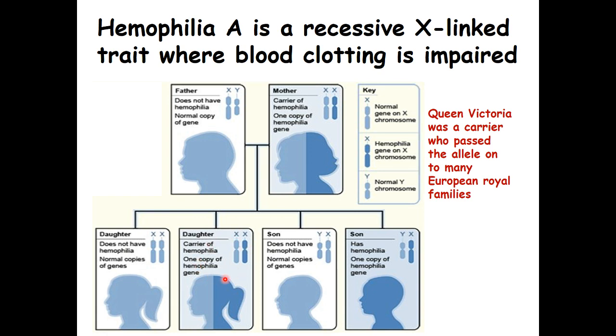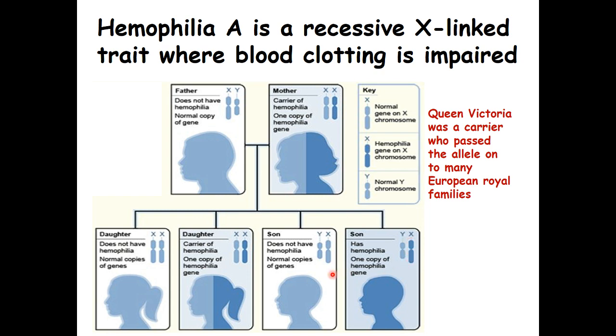No symptoms are shown. On the other hand, remember the son has to get the Y from the father, right? So the Y is from the father, and the X has to be from the mother. So the son can either get the normal X or the bad X. So this son is good, gets the normal X chromosome, and this son will get the bad one.